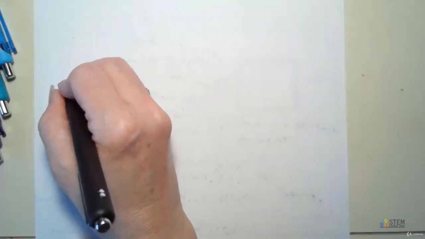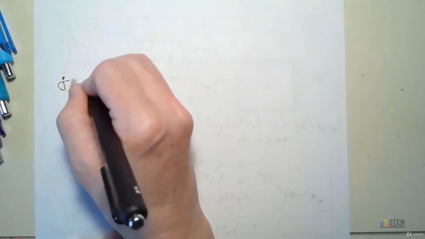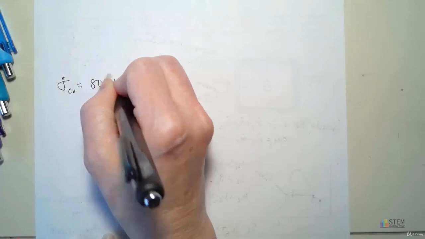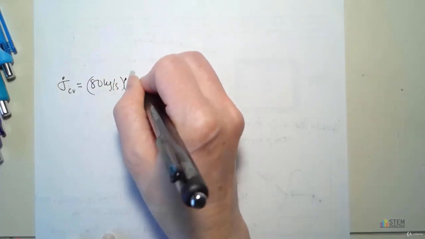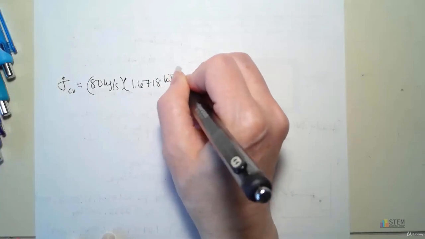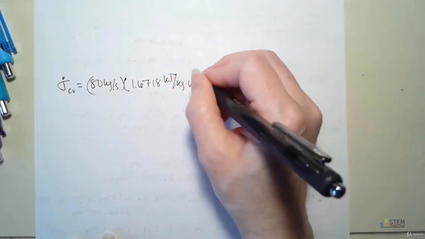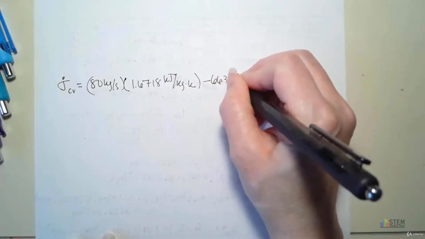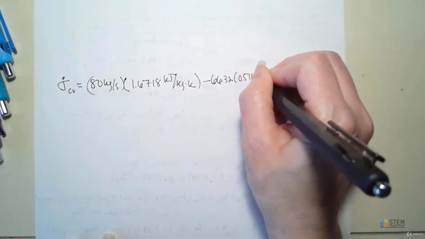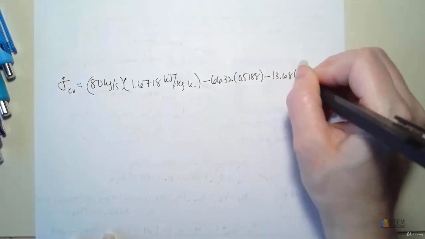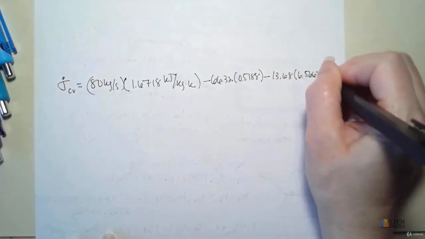Let's solve that equation for sigma dot. If we do that, we're going to have 80 kilograms per second times 1.6718 kilojoules per kilogram Kelvin. Then we're going to subtract 66.32 times 0.5188, and then subtract 13.68 times 6.5663.